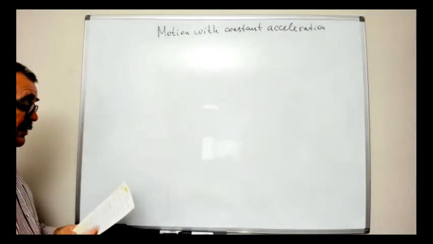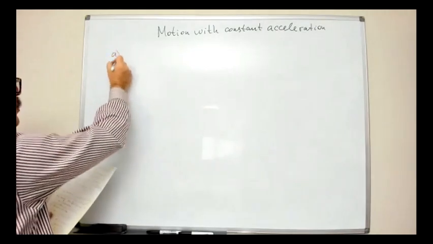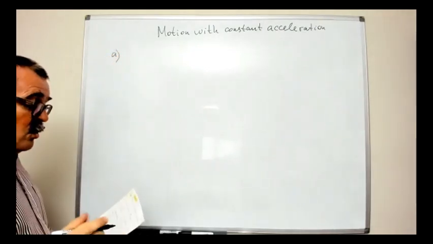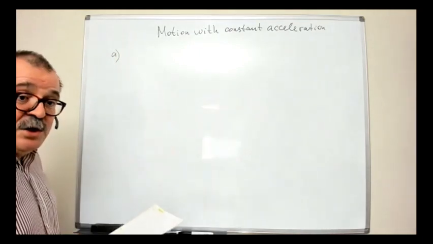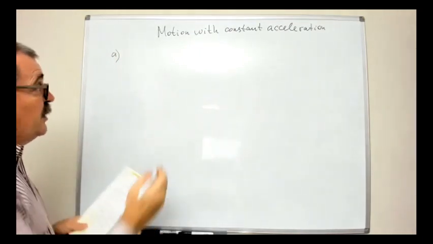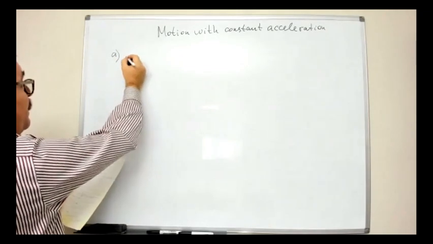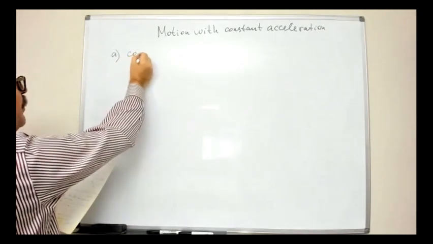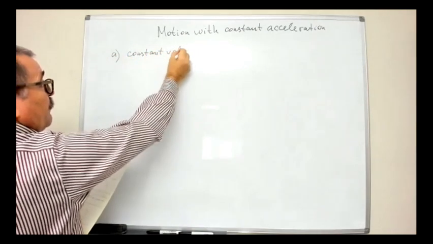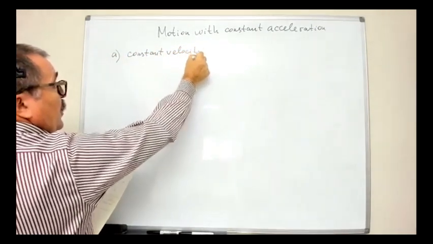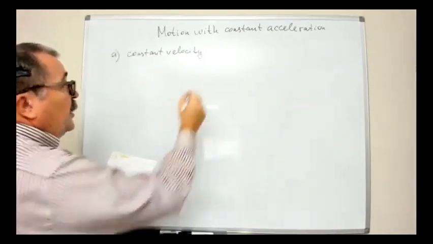And let's first discuss the case where we have constant velocity. That's a particular case. In that case, acceleration is 0, so it's constant. Constant velocity.